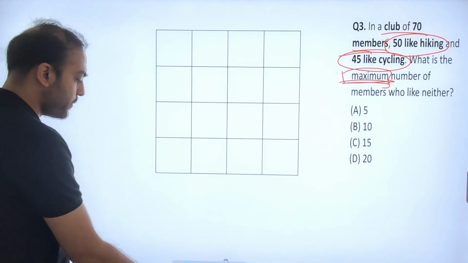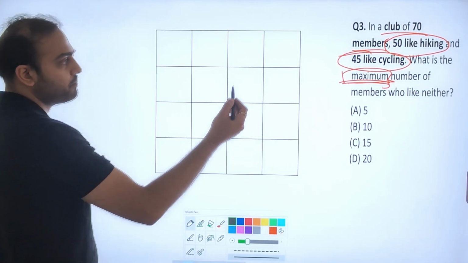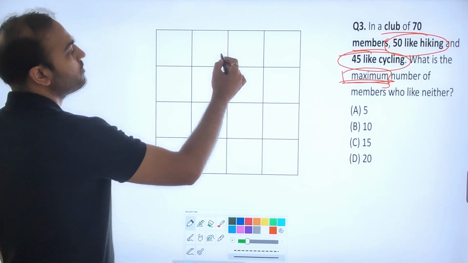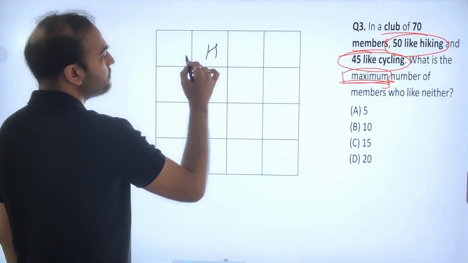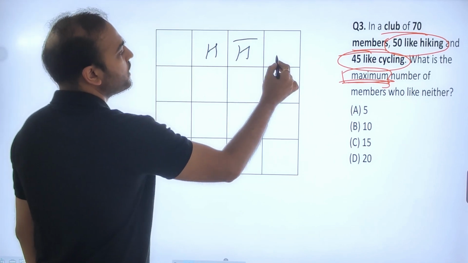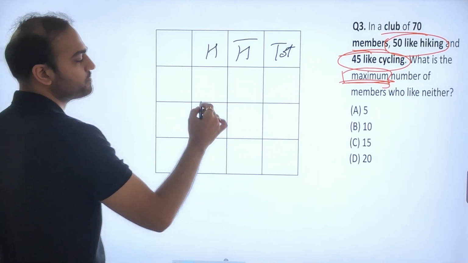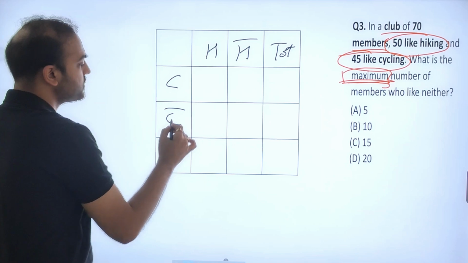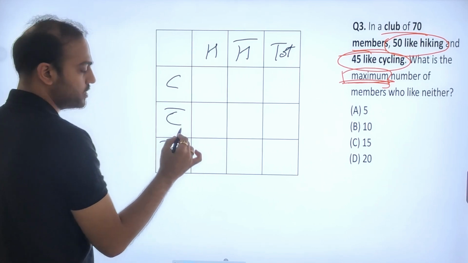So what we do, same, make your table, make the matrix. We have people who like hiking, not hiking, total, cycling, not cycling, total.